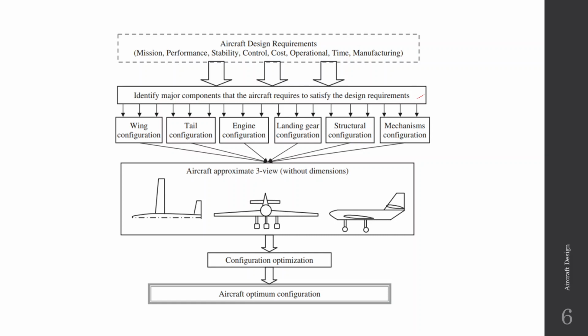So it is actually not a linear process. It is more like an iterative process. We design it like this, but then some things may have to be tweaked, and when they are changed, it affects other parts of the aircraft also. Then we have to go back.